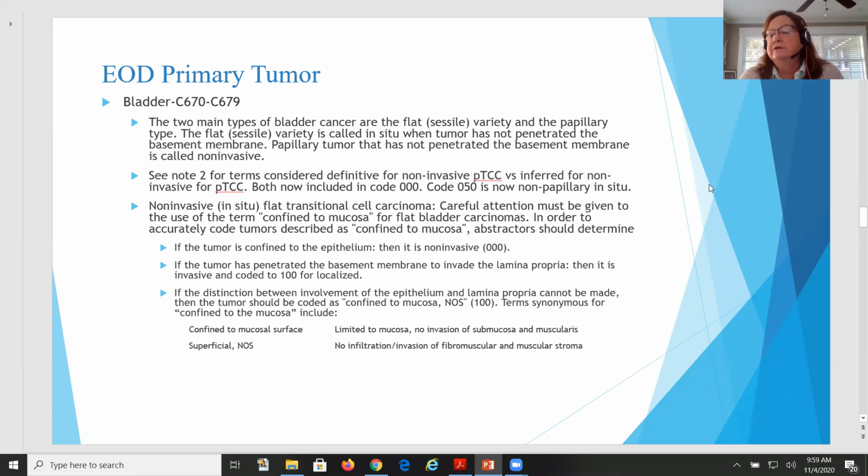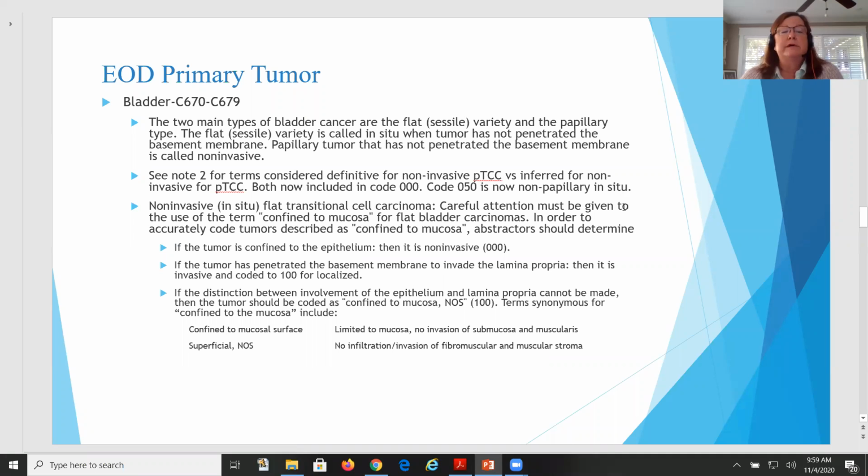So now we're going to move into EOD, and there's a lot of words on this slide. Since we're getting short on time and I want to have time for questions, this first bullet point is just describing the differences between your flat and papillary types of transitional cell carcinoma. So you can read through that.